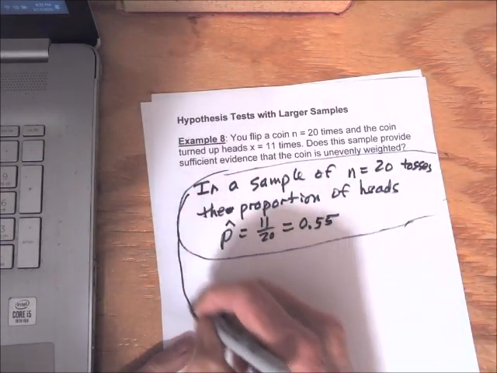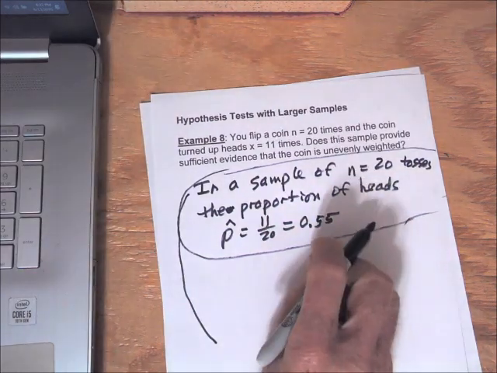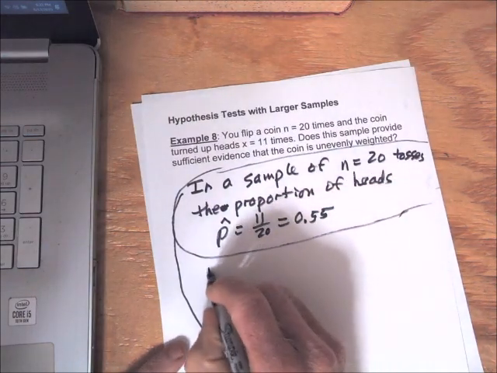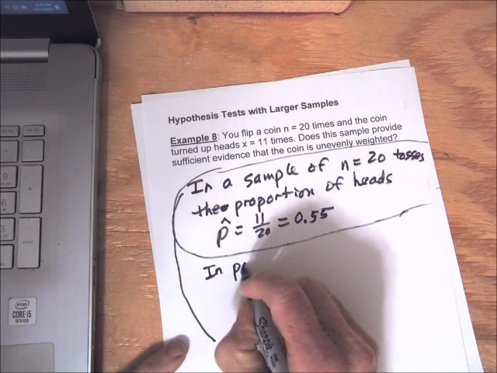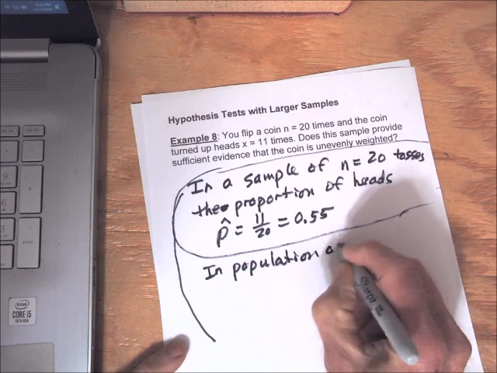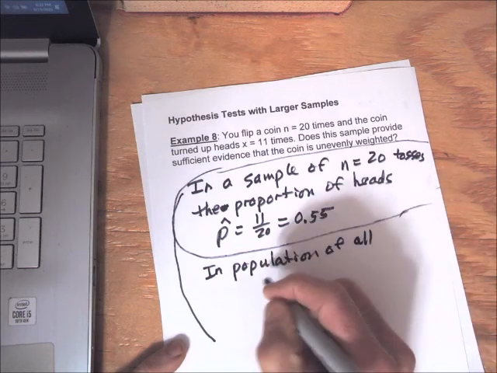The population of all possible tosses of the coin.